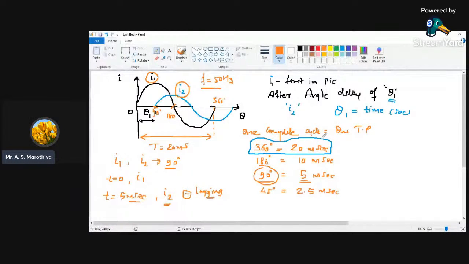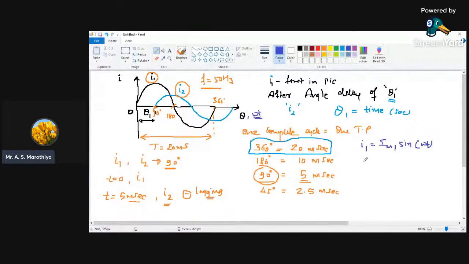So if you want to define this in terms of mathematical equation, how is it going to be? It is like this. Suppose you define this I1 as I max 1 into sine of omega t, you can take this as theta or omega t.